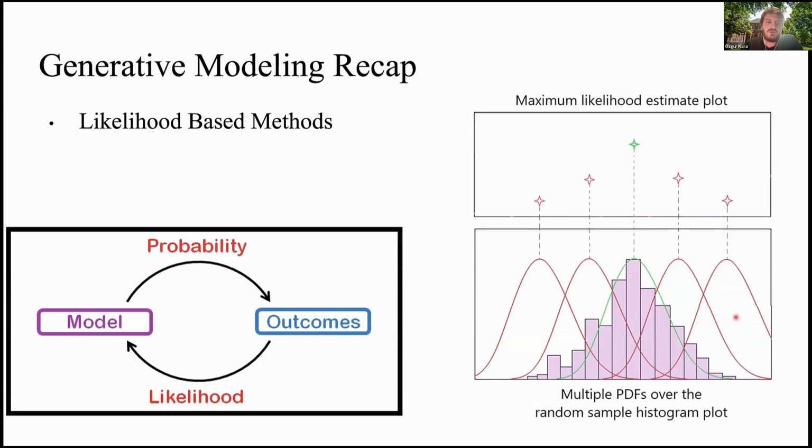Then our task is to learn this mean and variance in a way that the likelihood of the chosen distribution fits well to the data we have. And the likelihood, you could think of it as a measure of how well the distribution fits our data set. So if we took the mean as shown in this green image, then it will be the best fitting distribution compared to the other red Gaussian distributions. And the way the methods under this category work is by trying to maximize the likelihood of the distribution given the data set.